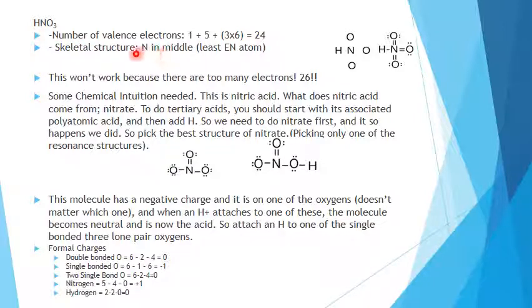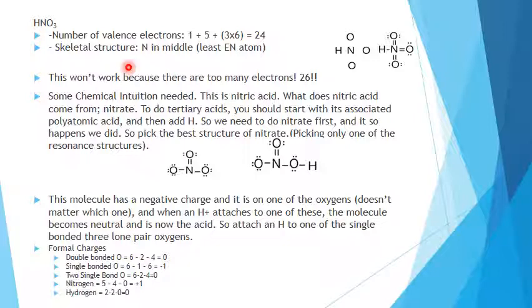That's one of the things we need to think about when we do these. There may be a problem on a test like this. If you see an acid that comes from a polyatomic ion, a ternary acid, you need to find out the structure of the polyatomic ion first.